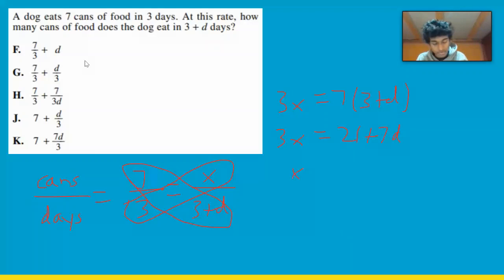And dividing by 3, we get (21 plus 7D) over 3, which is just 21 over 3 plus 7D over 3, which is just 7 plus 7D over 3. So this is our answer.